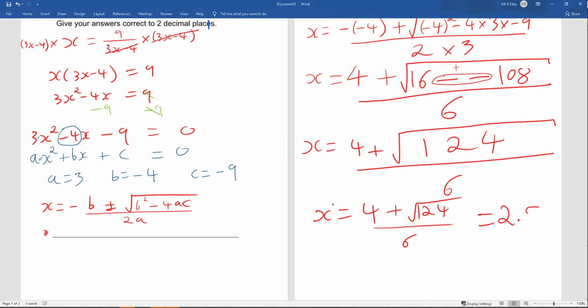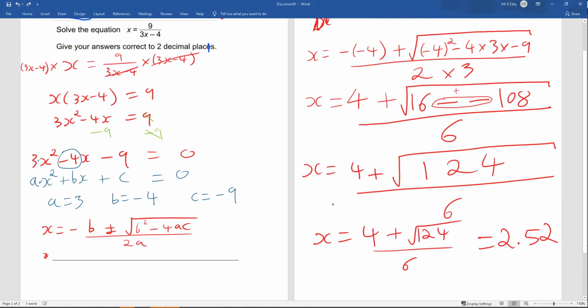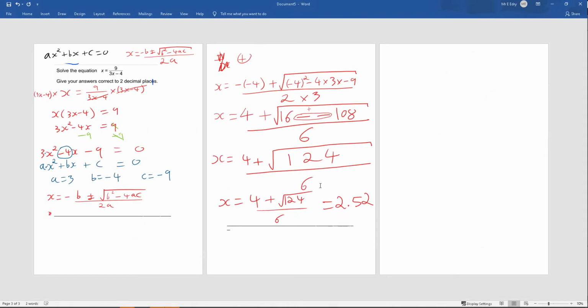But again, that is only one of our answers. The other answer comes from the minus in the plus or minus. So, where we had plus before, where that plus or minus sign was, we now need a minus. So I need to do minus b, so minus minus 4.